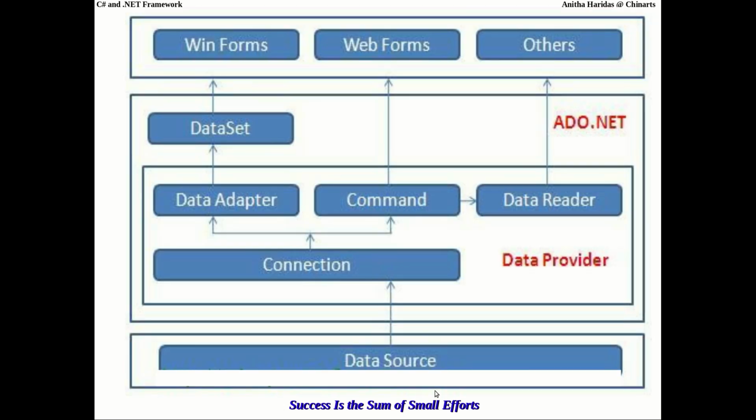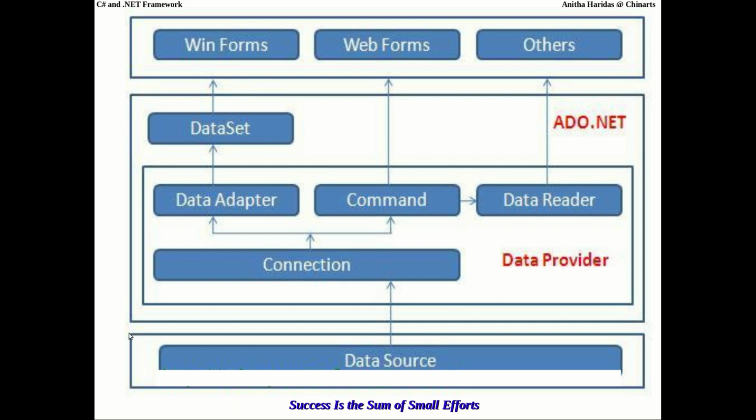Or I can have another diagrammatic representation for the ADO.NET architecture, where this is your front-end control. Please make a note of it. The window form, web form and others, this box is what you call the front-end control.